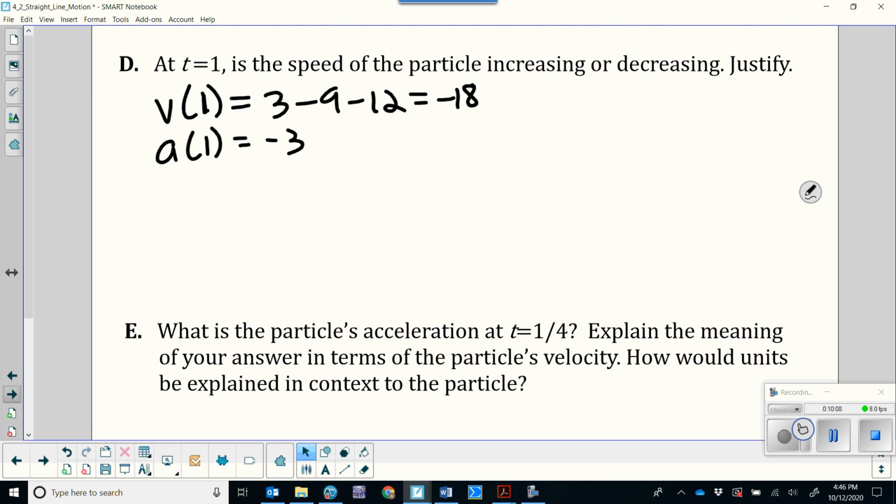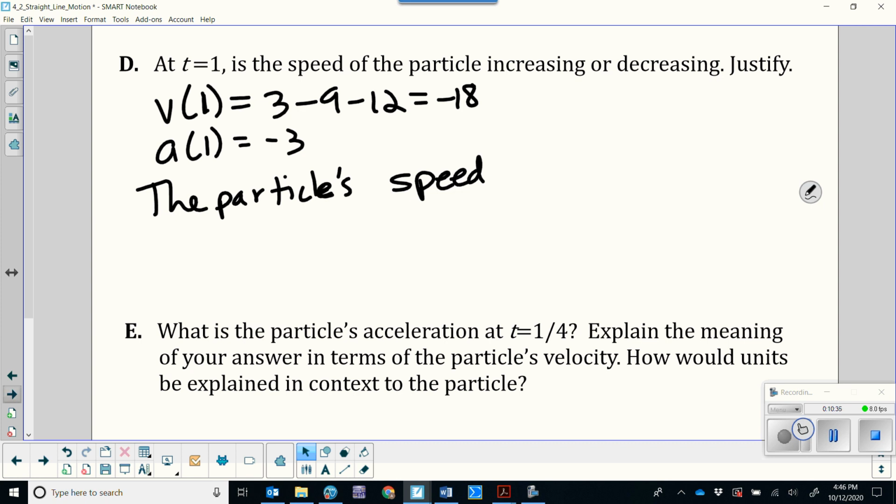So then we will say the particle is speeding up, or I should say, let's say the speed is increasing. It's the same thing, but we probably should always use the words they did.